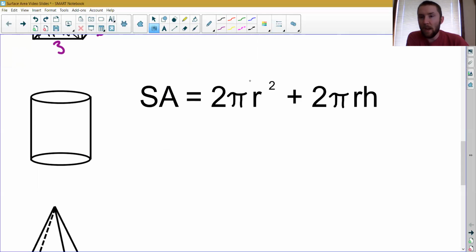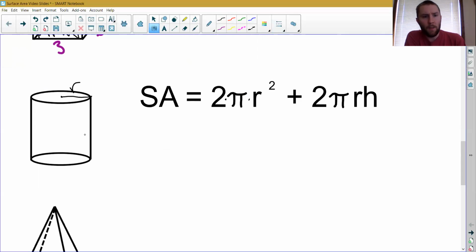And the area formula we have for circles is pi times the radius squared. Pi times radius squared. So if this is the center, and then that's the radius, if I know the radius, then I can find the area of the circle on the top and the circle on the bottom. That's why I have 2 times pi r squared, because I have a circle on the top and a circle on the bottom. I have 2 of them, okay?